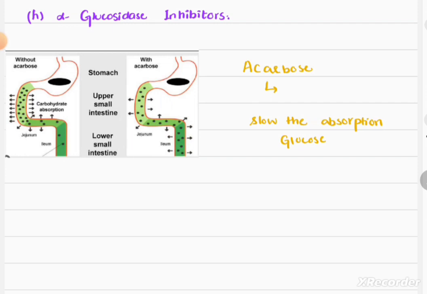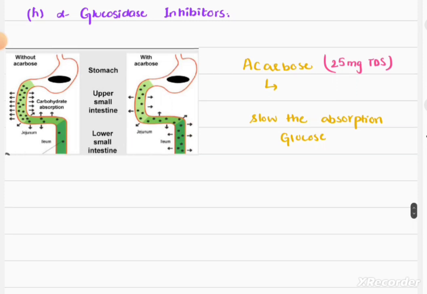Two drugs are available, acarbose and miglitol, and they are both given in a dose of 25 milligrams 3 times daily. We would give them with each meal, and the glucose would not get absorbed from the intestine.